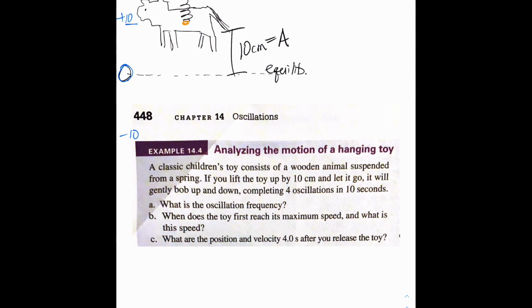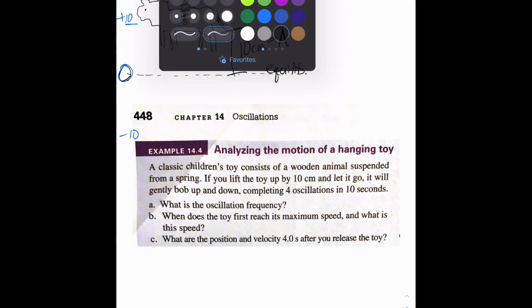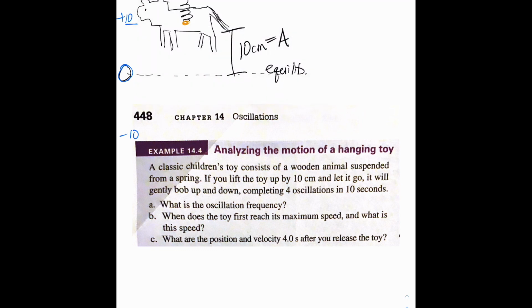All right. They start off by telling us the frequency. They say it completes 4 oscillations in 10 seconds. So the frequency is equal to the number of oscillations per second, cycles per second, right? So what it's saying then is 4 cycles every 10 seconds.